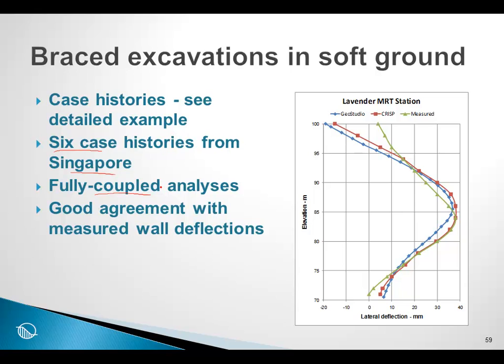Here we see one illustration where the green is the measured values of the wall deflection, the blue is the GeoStudio, and the red is the CRISP solution. And very encouraging is the close agreement between the two software products, and also the close agreement with the actual measurements, except perhaps near the ground surface.